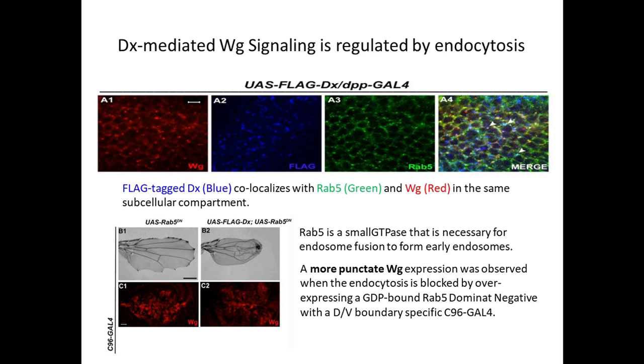We know that RAB5 is involved in endocytosis, and overexpressing the dominant negative version of RAB5 leads to the punctated expression of wingless. Therefore, we conclude that Deltex mediated wingless signaling is regulated by endocytosis.